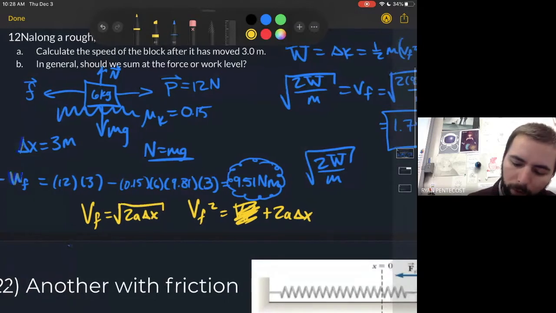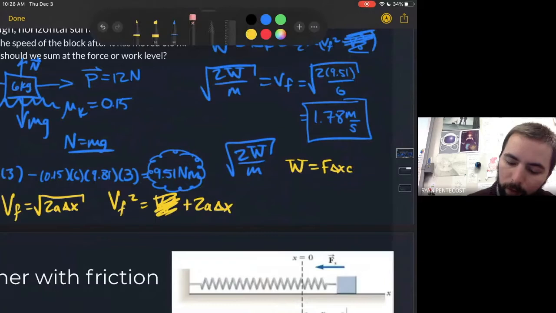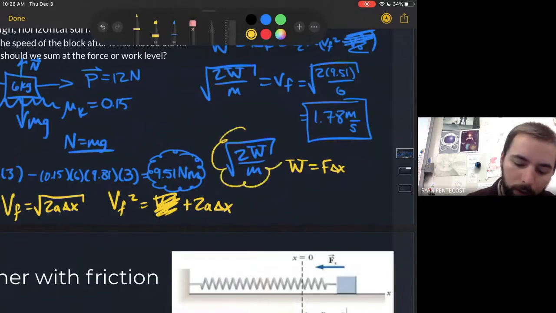Now let's look at work real quick. Work is F delta x cosine theta. Well, let's ignore the cosine theta for this part because we're just comparing this to this.